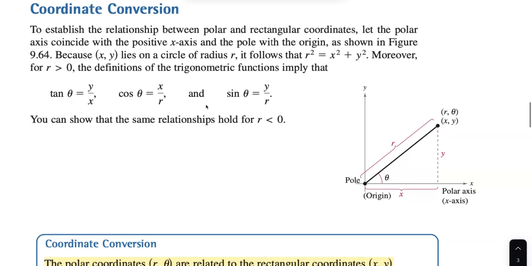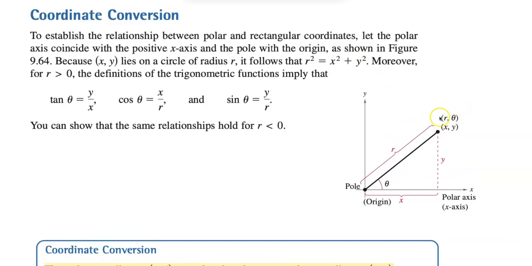Okay, coordinate conversion. So we want to convert from one to the other. So if we first start off with r and theta, how do we make that into x and y? Well, in that case, we actually just have to use SOHCAHTOA in the triangle. So let's say this is our point r theta. I want to turn it into an xy. Well, look at that pole here. You can make it a triangle, and all I need is the x value and the y value. Well, we could do SOHCAHTOA, right?